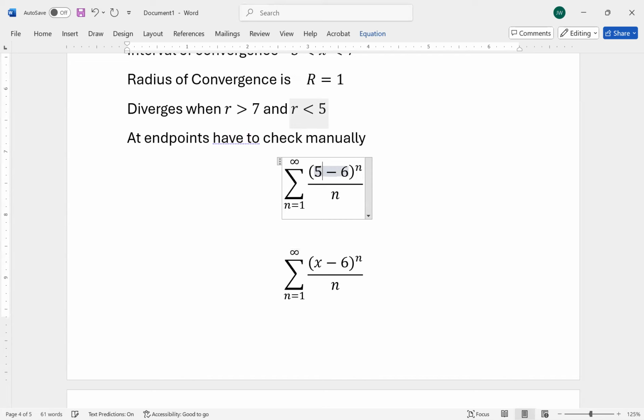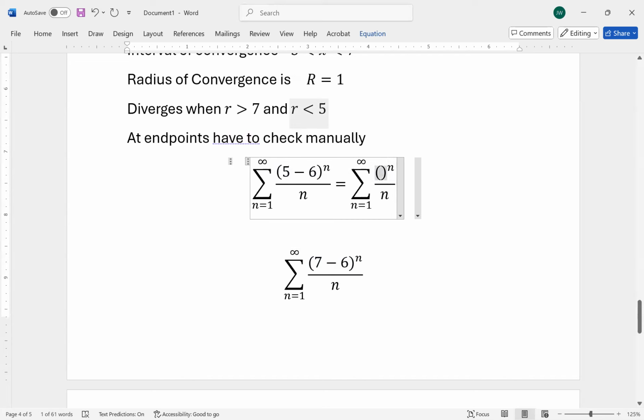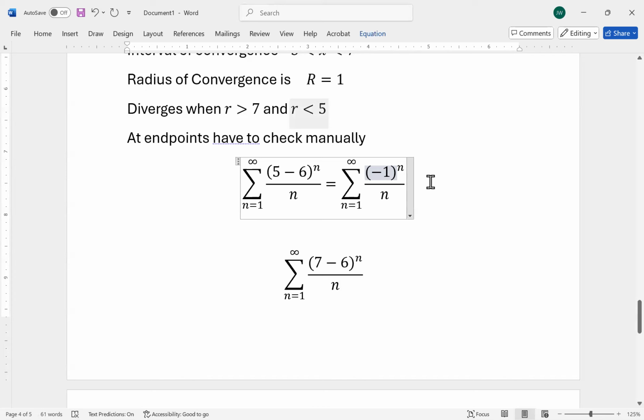If I plug in 5 for x, then this infinite summation, 5 minus 6, becomes a -1 to the nth power. This converges because it is an alternating series and the terms are going down to 0.